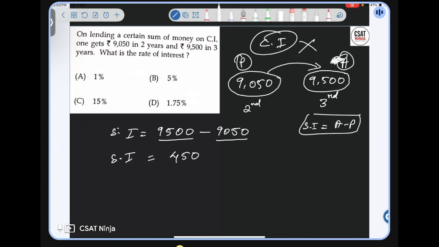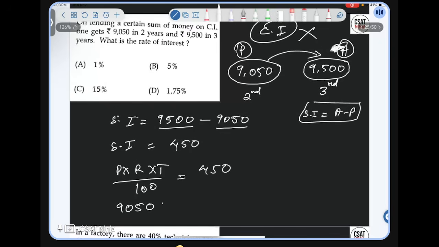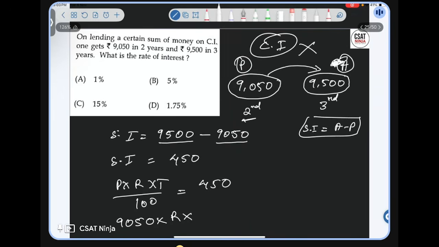Simple interest formula was what? Principal into rate of interest into time divided by 100, which is equal to 450. We know the principal here, which is 9050, into the rate of interest, which we need to find, into time. This is the second year and this is the third year, so we are talking about only 1 year here.